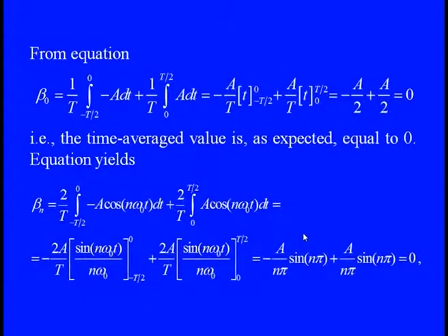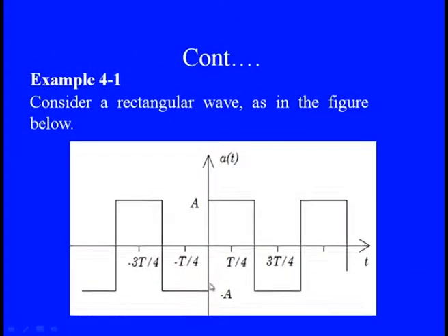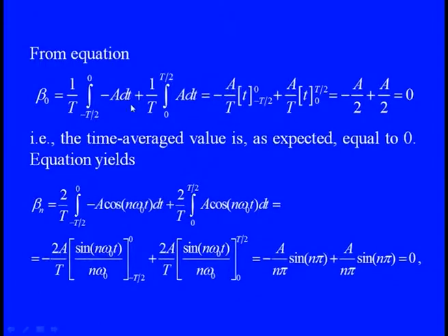So we have beta 0. As we discussed already, beta 0 equals 1 by t integration from minus t by 2 to plus t by 2. Here we need to go from minus t by 2 to 0 first, in which we have minus a, so minus a into dt, plus 1 by t, 0 to t by 2, the upper side, a into dt.